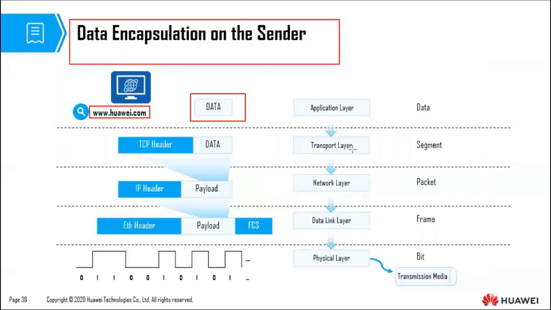Then at the transport layer, we add a TCP header. Then on the network layer, we add an IP header. At the data link layer, we add an Ethernet header, and we also add a trailer. That trailer is what we call a frame check sequence.